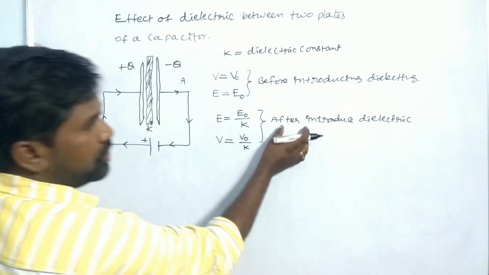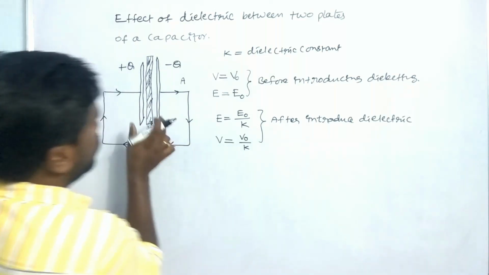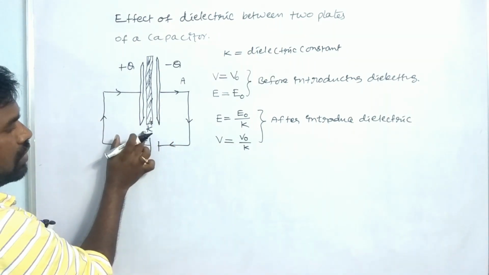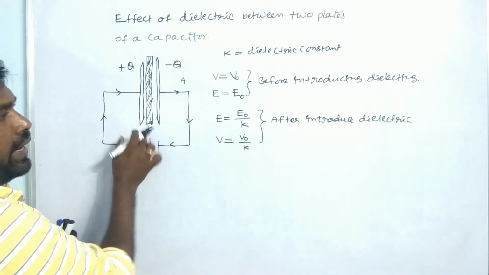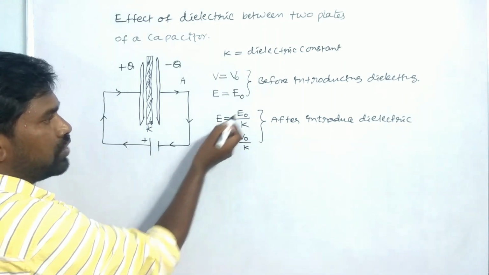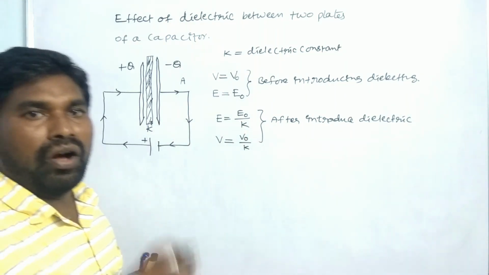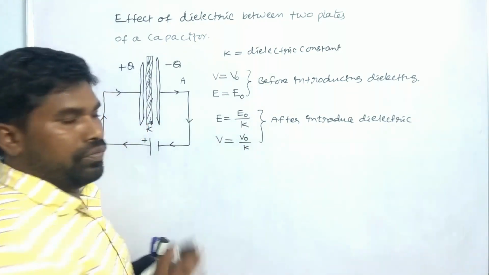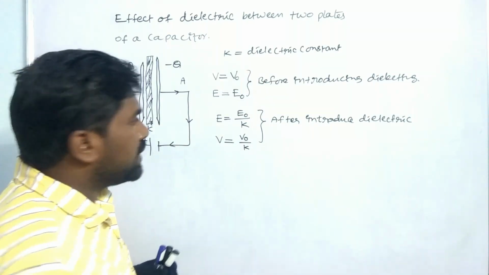And after introducing the dielectric with constant K between the two plates, the intensity of electric field should decrease by how much? 1 by Kth of it, where K is the dielectric constant.